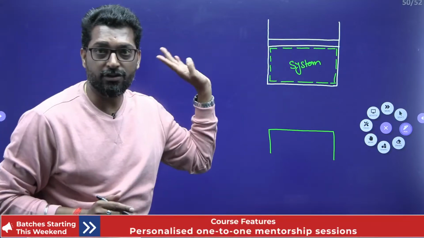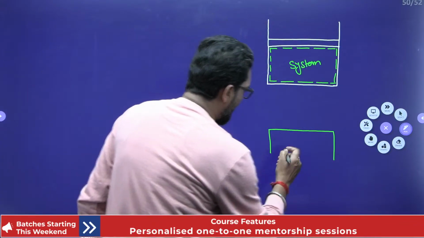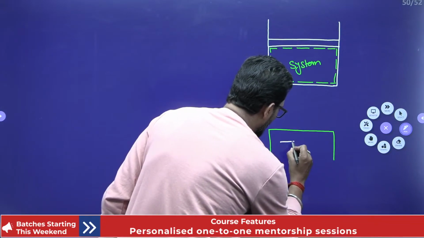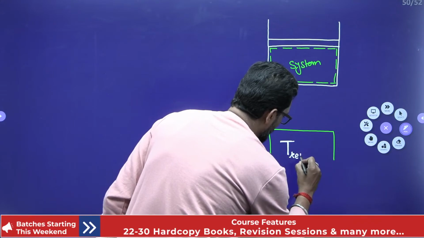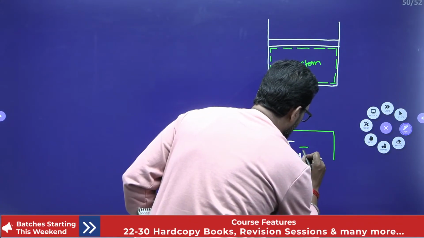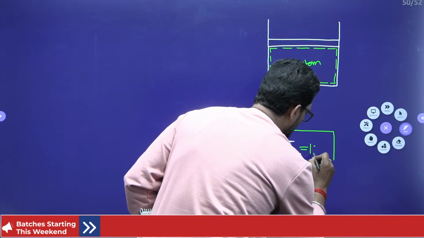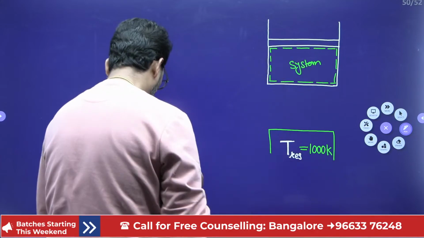Now, this is your system. If this is your reservoir, let's suppose this reservoir has a temperature of 1000 Kelvin.